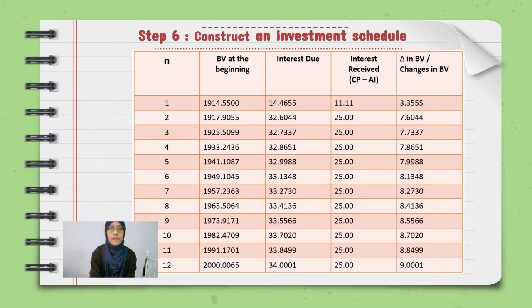So the book value at the beginning, how to get the first one is actually by using the formula PP minus AI. So you will get 1914.5500. And then for the second book value, you will have to use the formula of book value plus changes in interest 1.